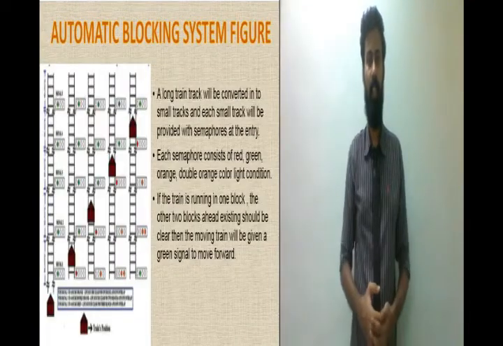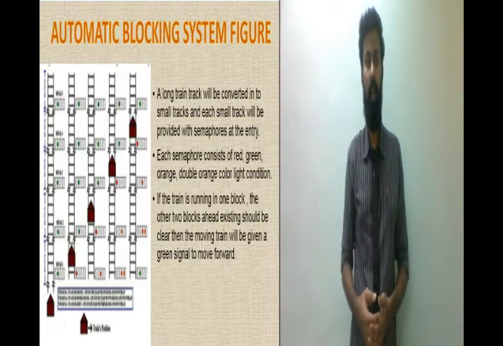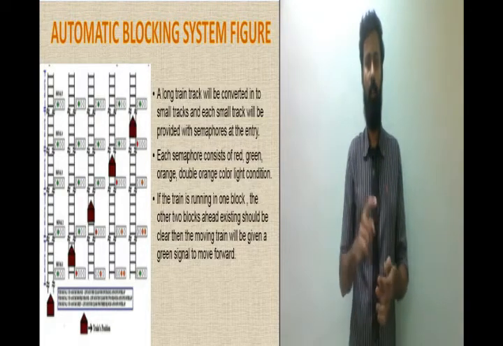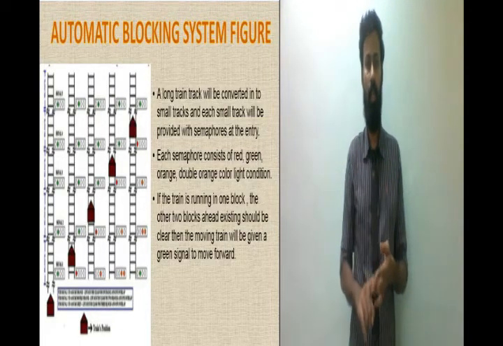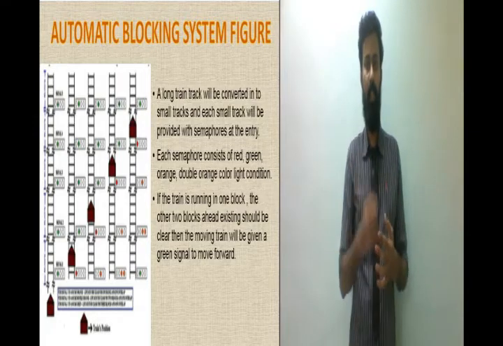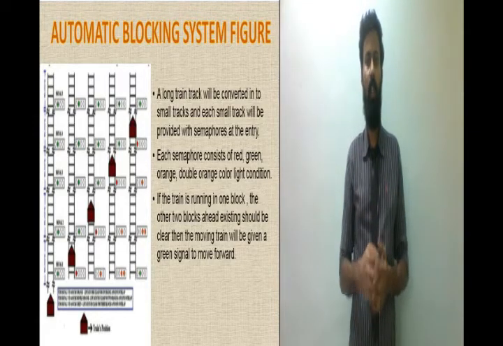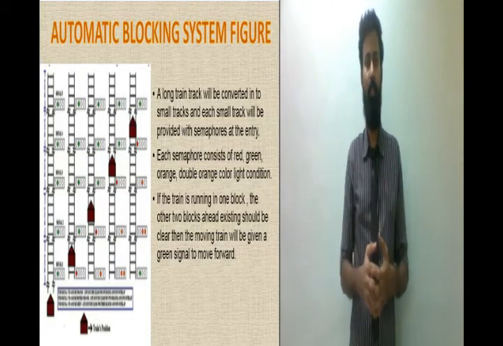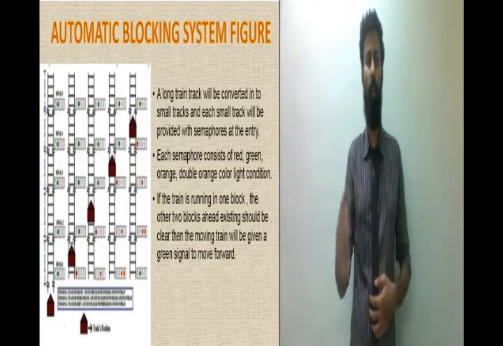A long train track will be divided into small tracks, and each small track is called a block. For each small track, a semaphore is provided at the entry. Each semaphore consists of red, green, orange and double orange light conditions. If the train is running in one block, the other two blocks ahead should be clear. Then the moving train will be given a green signal to move forward.